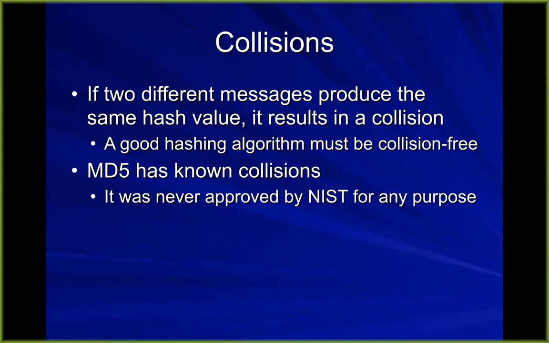MD4 was invented long ago, and MD5 came after it. And MD5 was in popular use as a hash value, but it was never approved by the government. The National Institute of Standards did not get in the business of approving cryptographic routines until fairly recently, and by the time they got around to deciding they would declare a good hash system, MD5 was already broken.